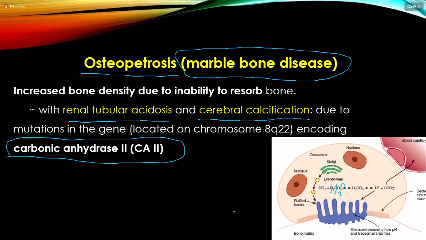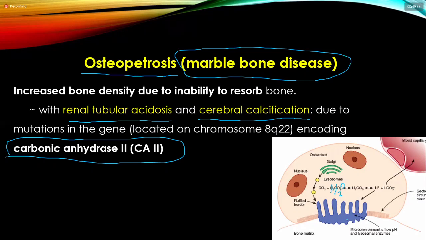The idea in this disease is that it's related to a deficiency in the enzyme responsible for the formation of the acid which will be used for the demineralization process. Okay? This enzyme is known as carbonic anhydrase type 2. Why did we focus on type 2? Because type 1 is responsible for the same process and is required for the production of bicarbonate in order to have a buffering system in the blood.